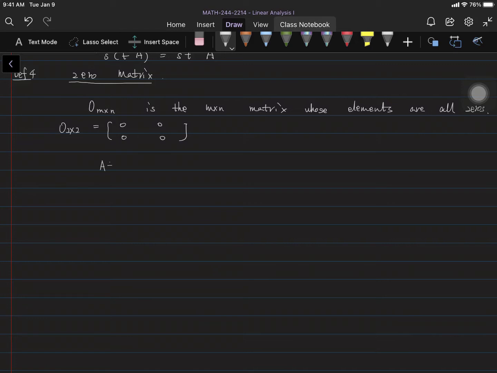So A plus O equals A, the same thing, because it's like 0 plus aij, right? Each term adds 0, so it still equals A. Next one, A minus A is not 0, it is the 0 matrix.